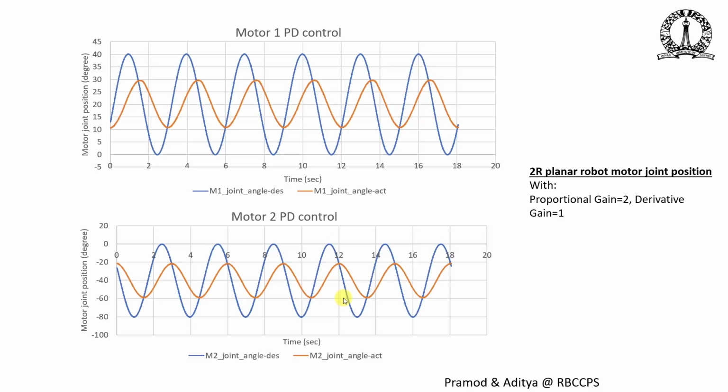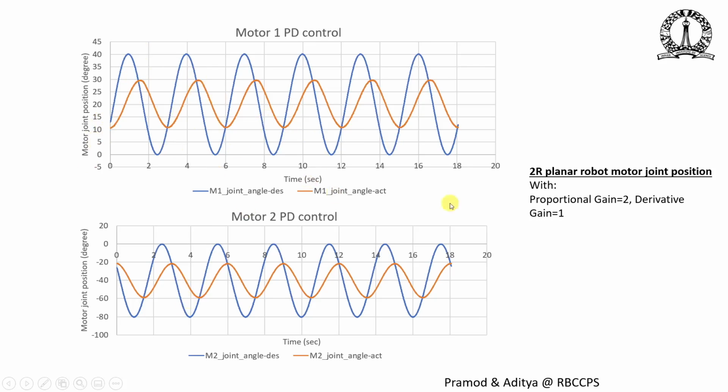For PD control, we need to give a desired motor joint position. The desired motor joint positions for motor 1 and motor 2 are these blue sinusoidal lines. We want the first joint, which is the first motor, to follow this blue trajectory as a function of time.